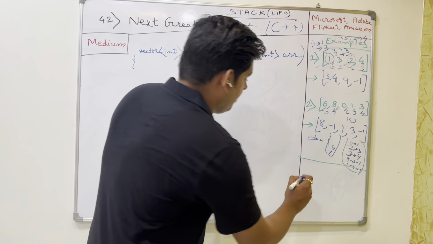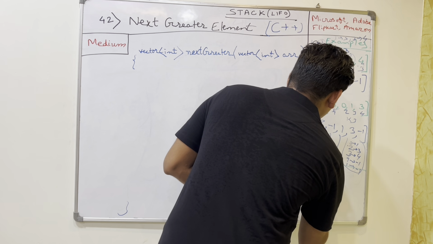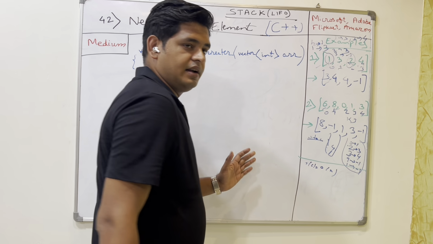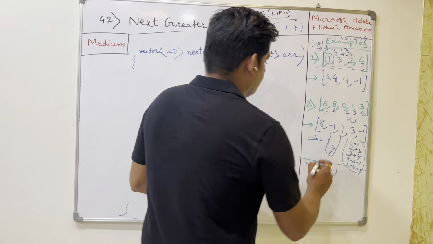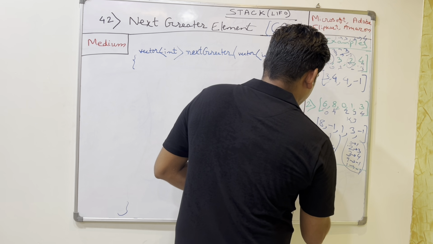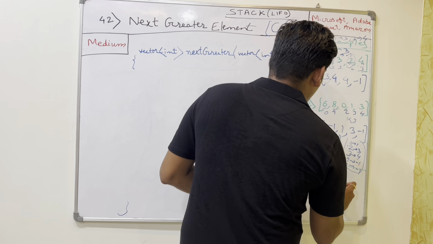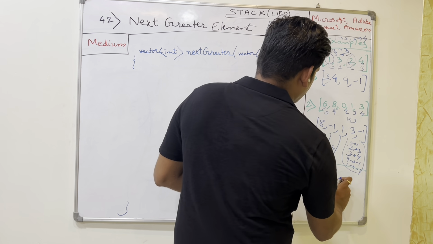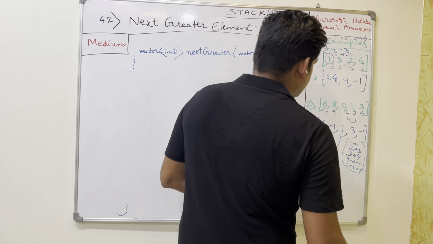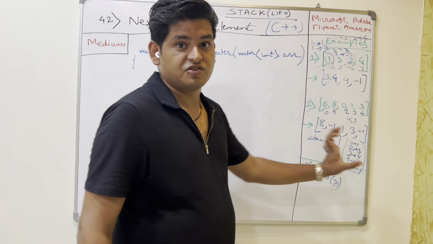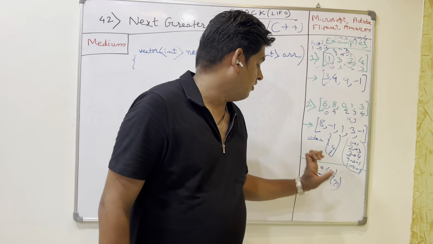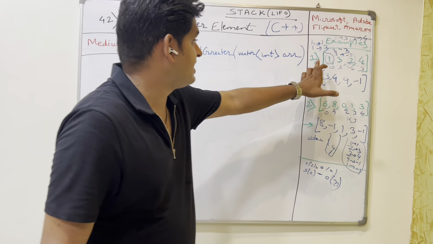Anyway, the time complexity would be order of n, right? We are traversing it once using the stack. The space complexity, can it be order of 1? Order of n, of course, because we are taking the stack. But can we reduce one extra map by using the same array?